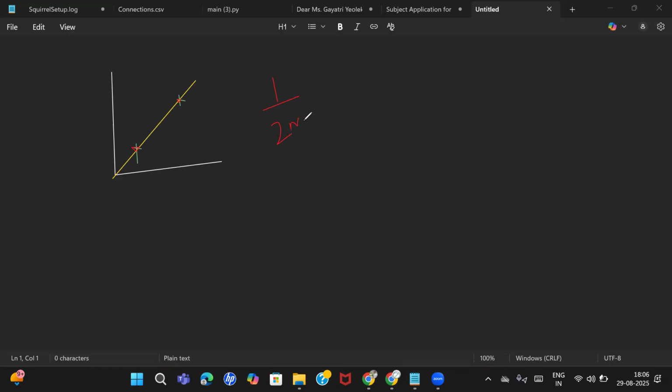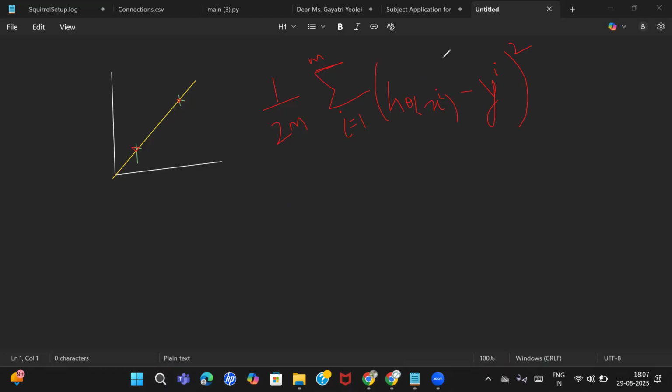Obviously, it's 1 by 2m, where m is the number of data points, sum from i equal to 1 till m, of h theta of xi minus yi, whole square, right? This is only our cost function, okay?